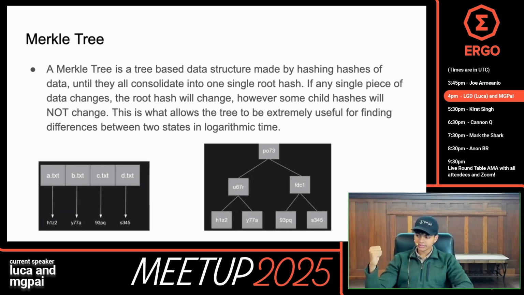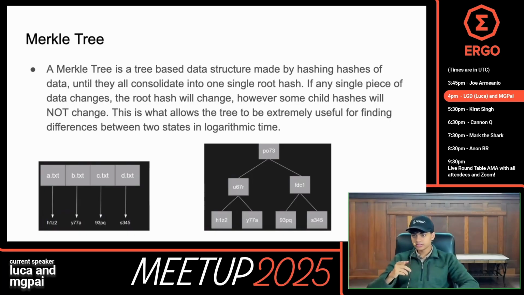Hashing really means that you take data of any size and convert it into a fixed-size string. In most cases it's always 32 bytes of data, so it's a string of 64 characters.